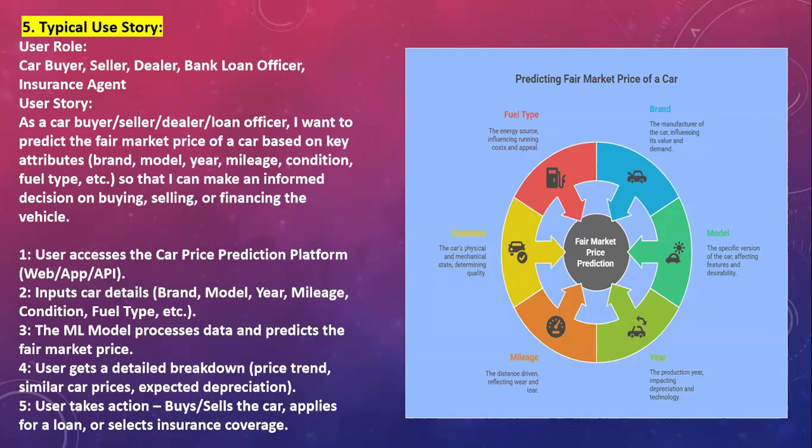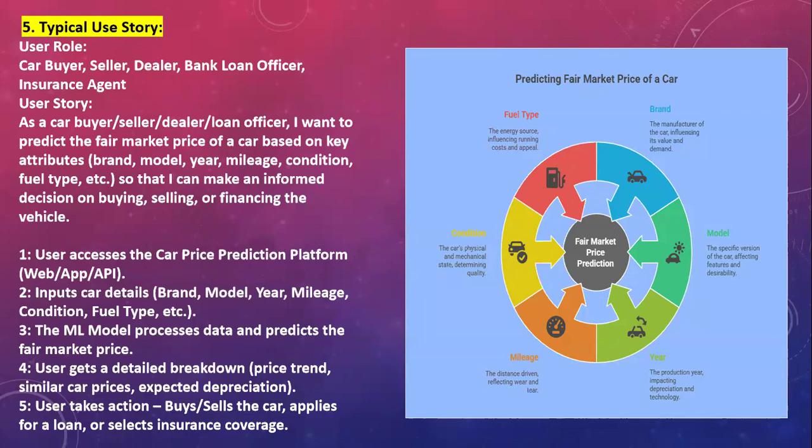Then we are going to design and implement the ML model, which will process the past data and predict the fair market price as per the current market analysis. Users also get a detailed step-by-step breakdown of the price trend analysis for similar cars. And we are going to develop user actions too, because the people in dealerships or sellers will buy and sell the car, right?